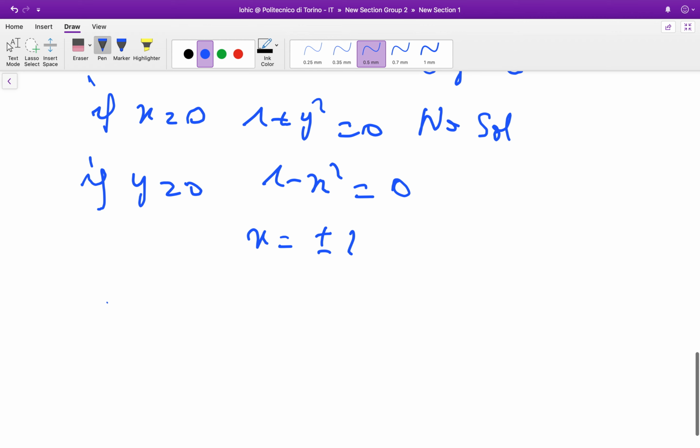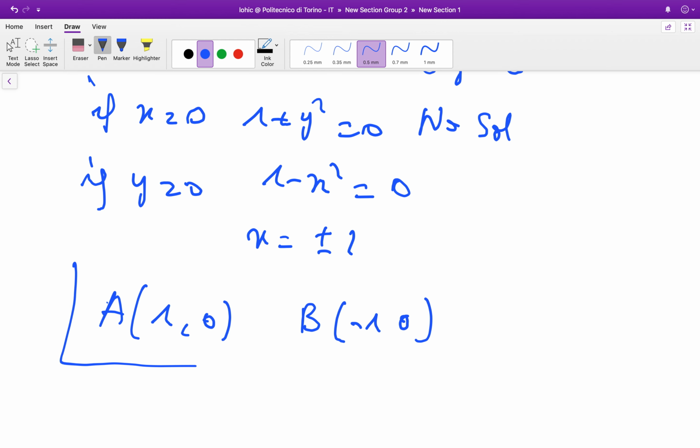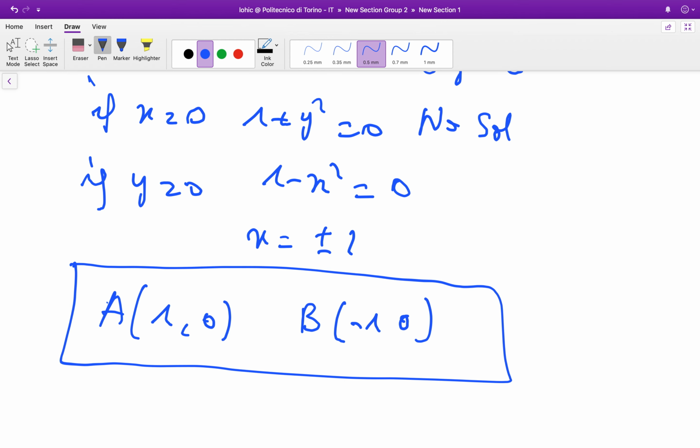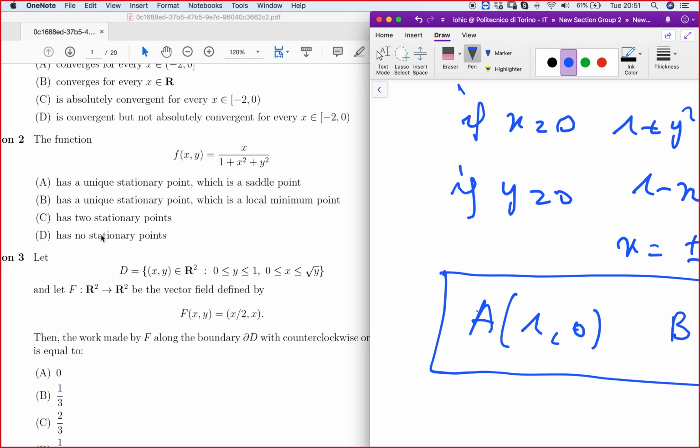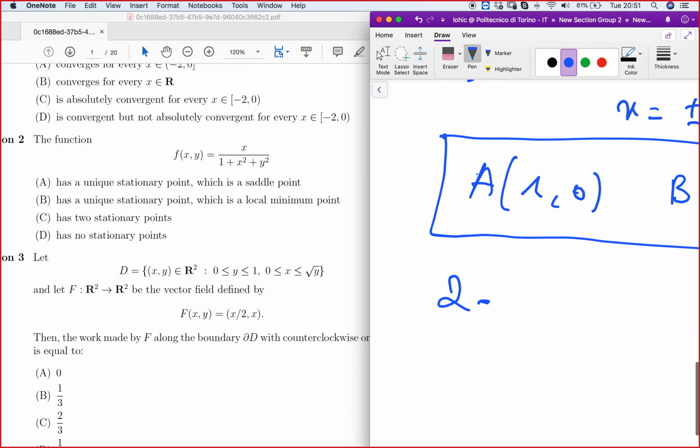So there is the point A with components 1, 0, and the point B with components minus 1, 0. Those are my two stationary points. Is that clear? So going back, the function has two stationary points, and thus the answer is 2C. Okay, nice, we stop here for this video and continue in the next section.